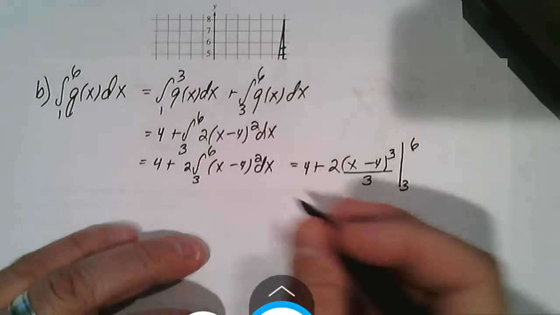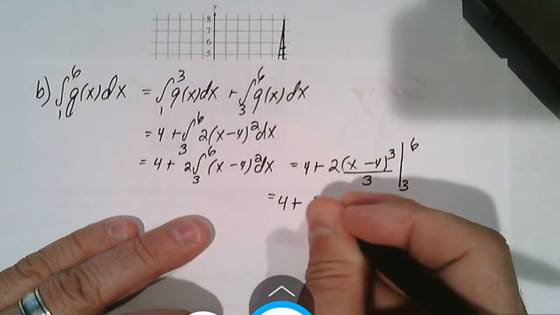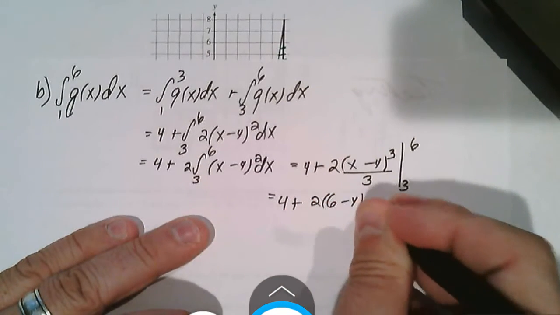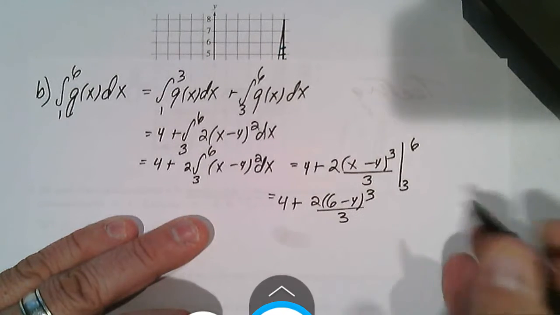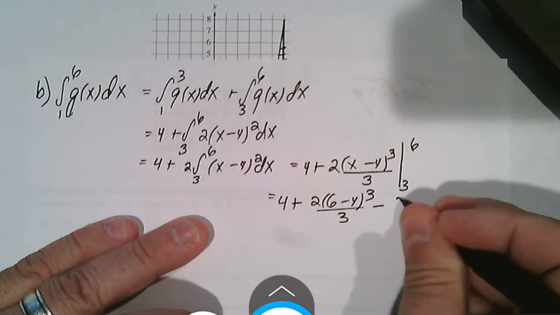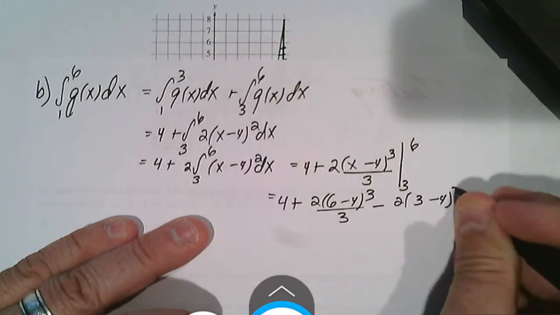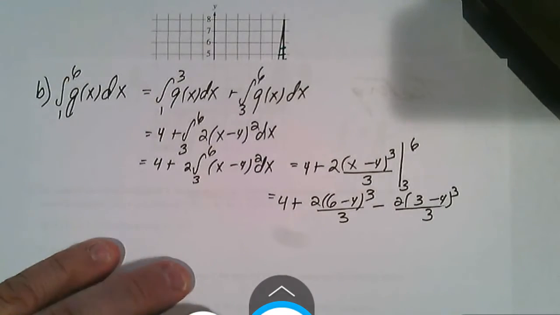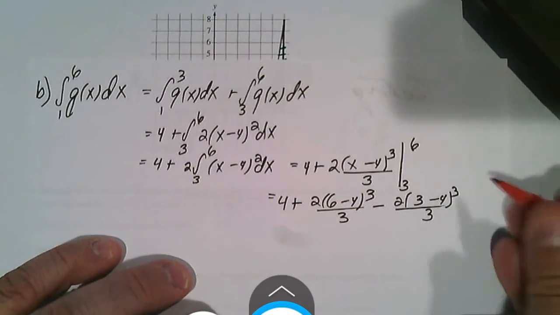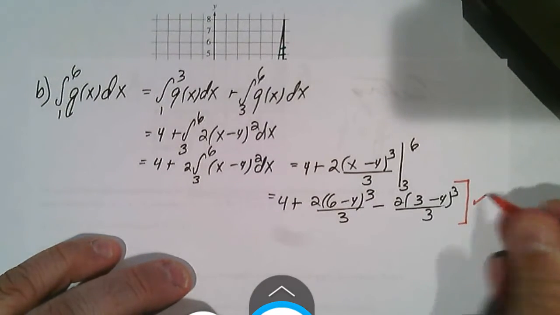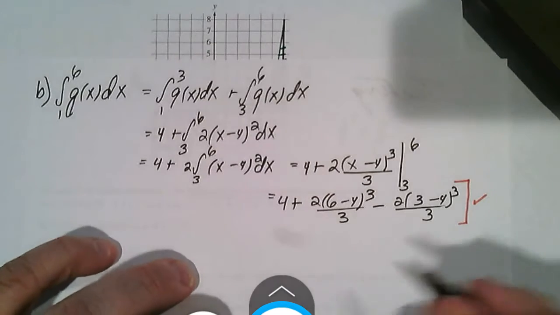Okay, from here now you're going to evaluate, so it'll be 4 plus 2 times (6 minus 4) cubed over 3 minus 2 times (3 minus 4) cubed over 3. Again, it is perfectly acceptable to stop right here. You get all the points.